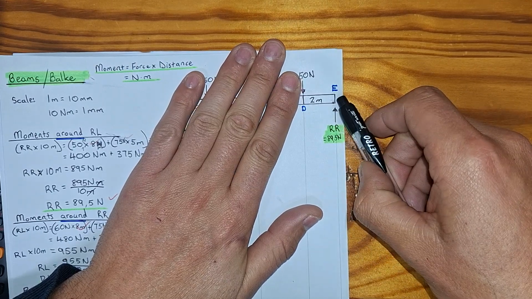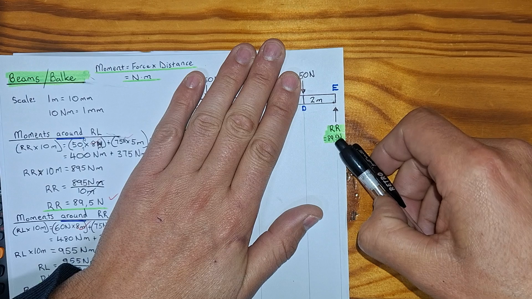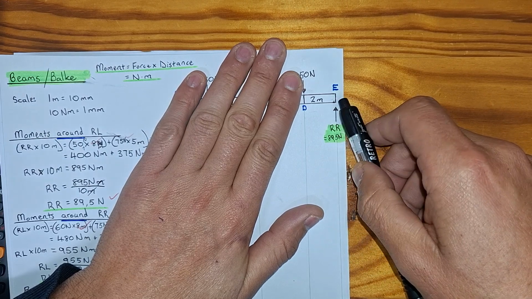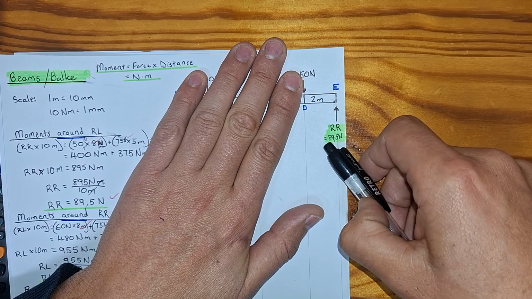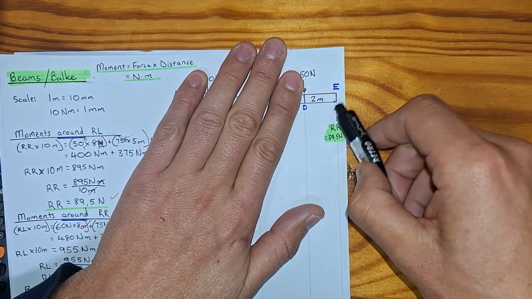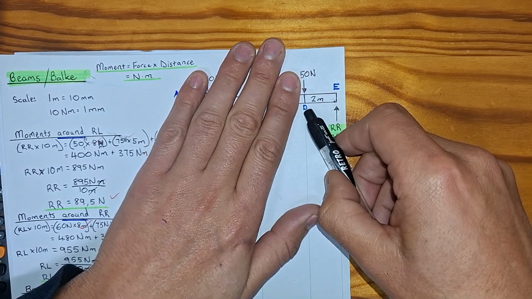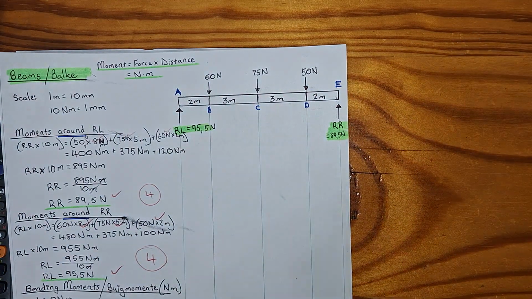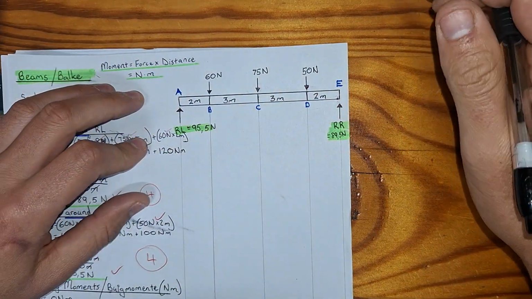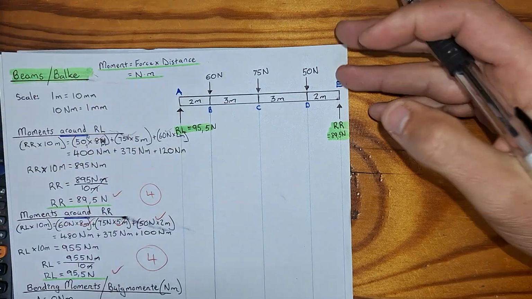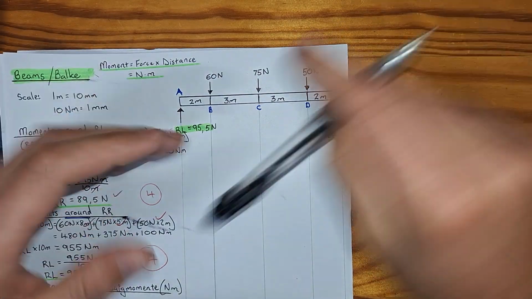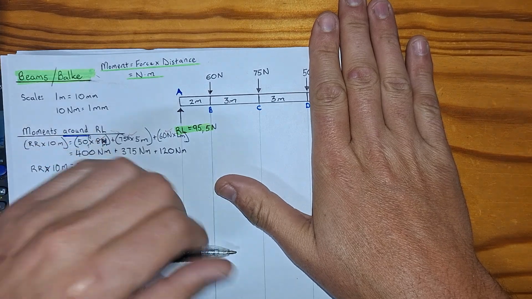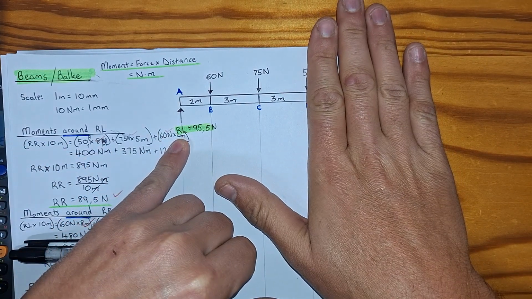Positive 85 because it's an upwards force times the distance of 2 meters. The sum of the external moments. There's the external force times the distance up to D. But for explanation purposes, I'm going to do it towards the left so that you can choose either the left or the right side. If you're working from the left-hand side, it is the longest route, but I think it would be good just to understand it in this way as well.